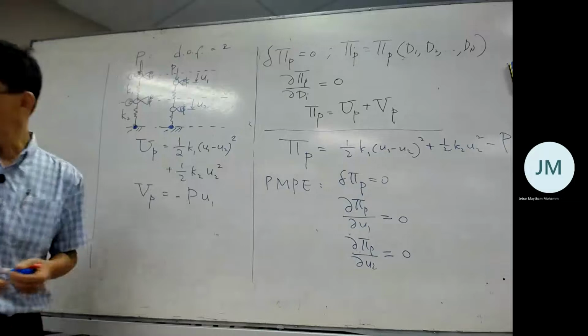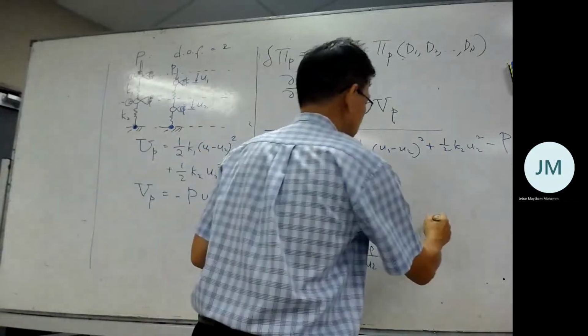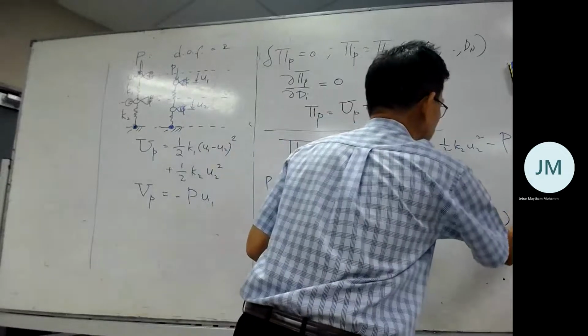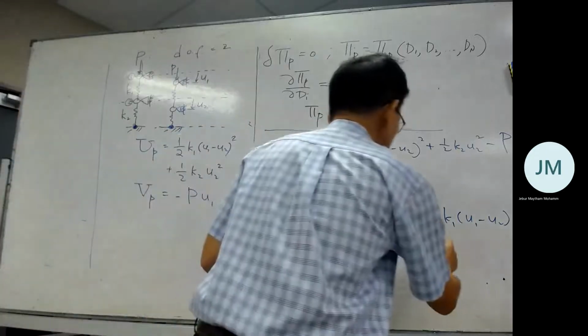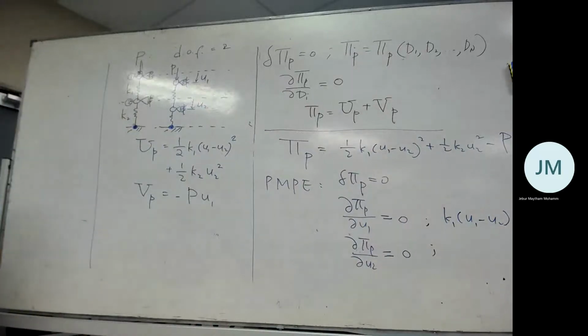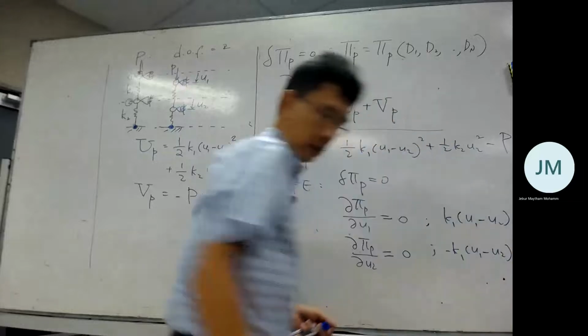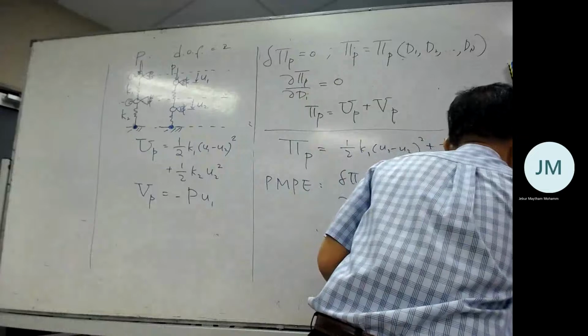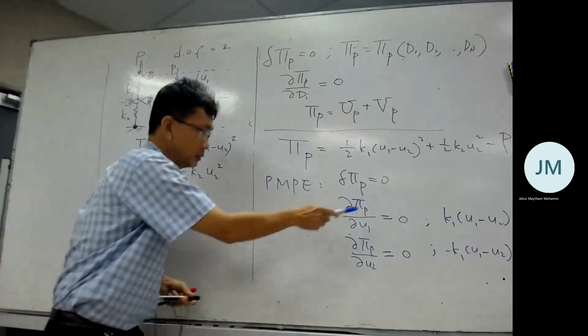Once you partially differentiate, the first one gives K1 (U1 minus U2) minus P equals 0, and the second one gives minus K1 (U1 minus U2) plus K2 U2 equals 0. So you get these two equations.